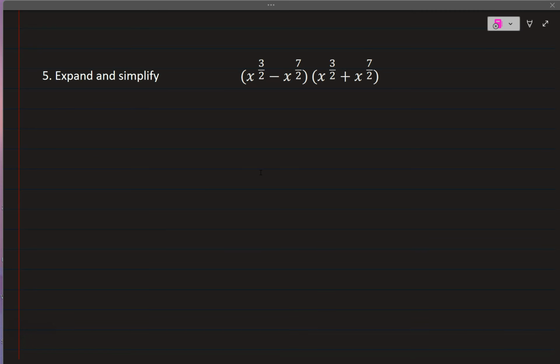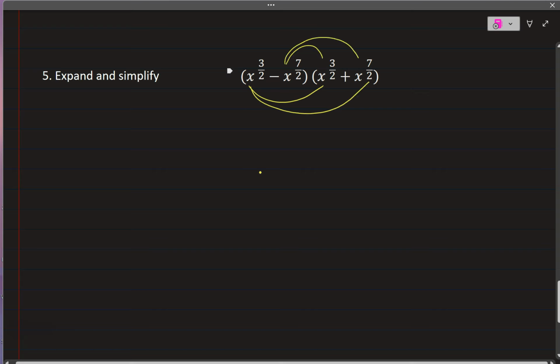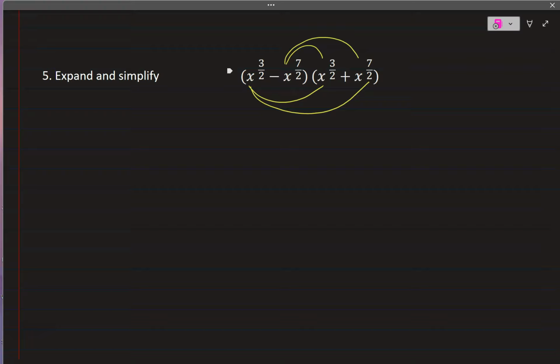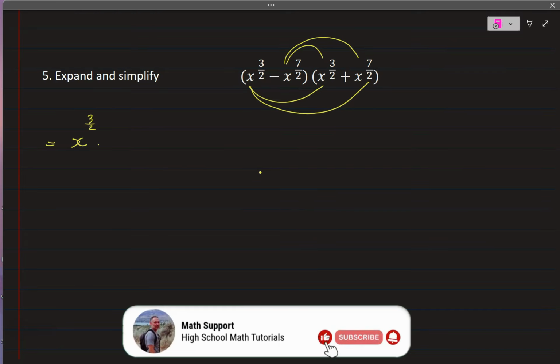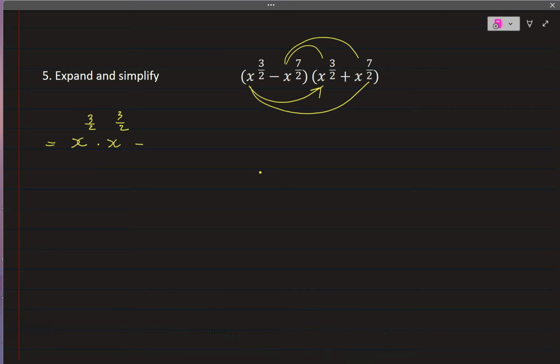So let's go ahead and do that, and remember, FOIL. We're going to do one term at a time, and then we're going to add and subtract, and we are looking at exponents that are fractions. So here it is. We're going to start with x to the 3 half times x to the 3 half. That's the first one right here. The next round, plus x to the 3 half times x to the 7 half.